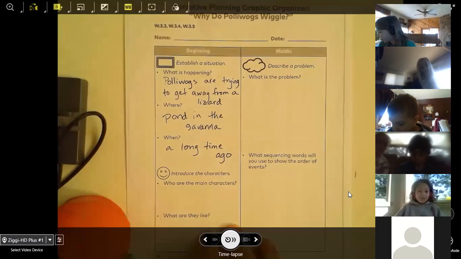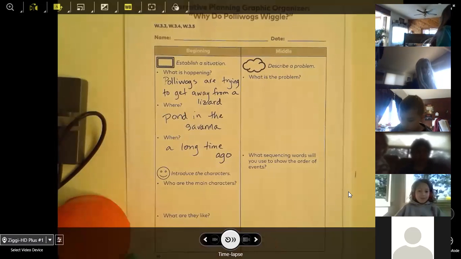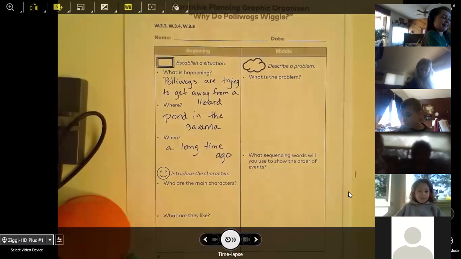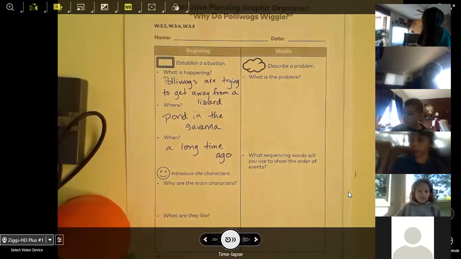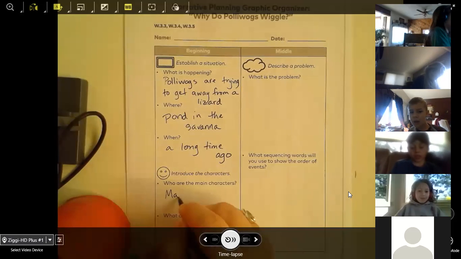All right, so we need some main characters. Here we go. I need some names. Here, let's see, our main tadpole, Ellie. What's our main tadpole's name going to be? Okay, I'm only listening to Ellie, please. Maddie. All right.